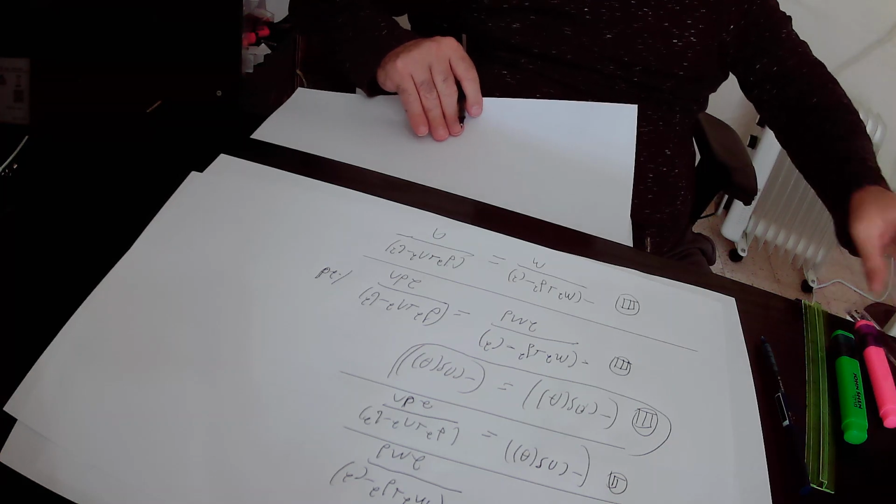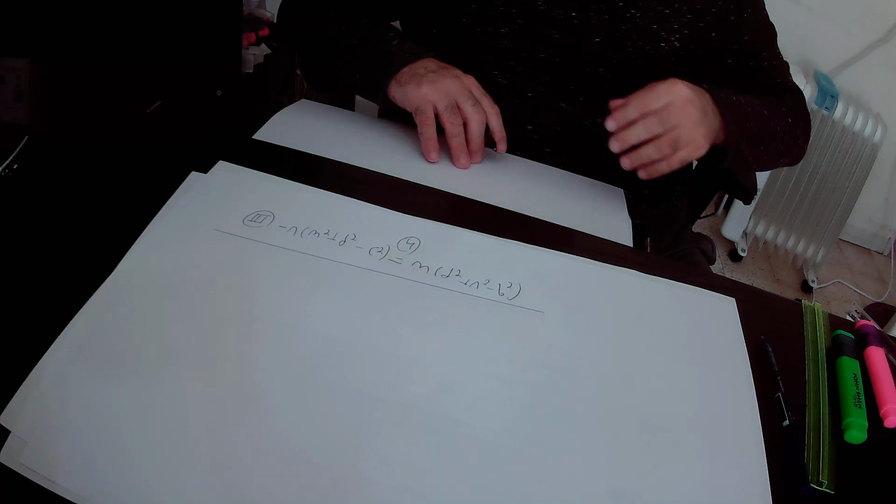So actually this is equation number 3 after we cross multiply it.